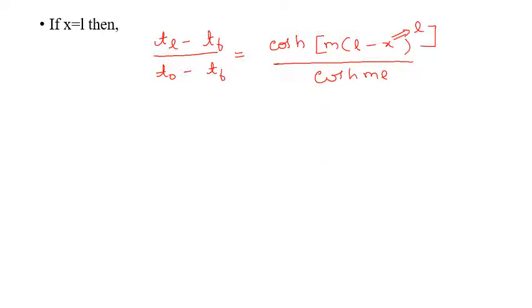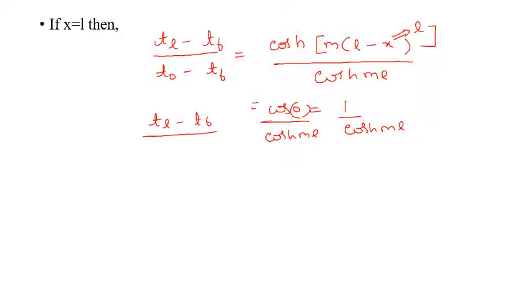But as you see, L minus L will become 0, and cosh 0 is nothing but 1. So I can write this as 1 by cosh mL. The temperature distribution (TL minus TF) by (T naught minus TF) is 1 by cosh mL. So what is TL?